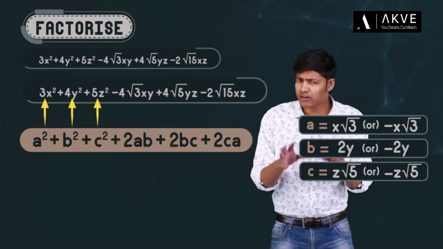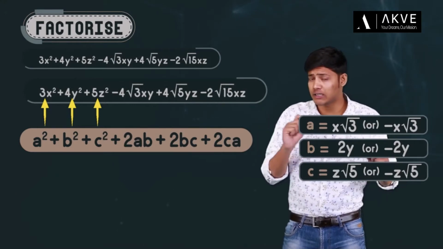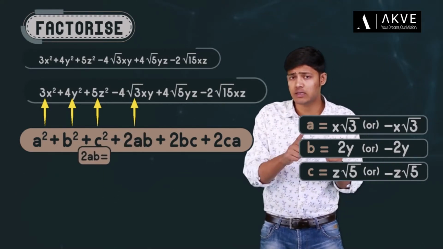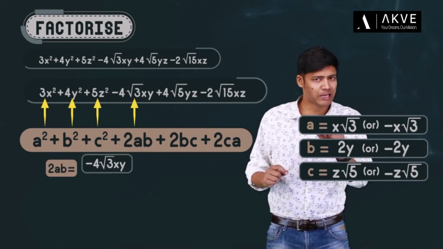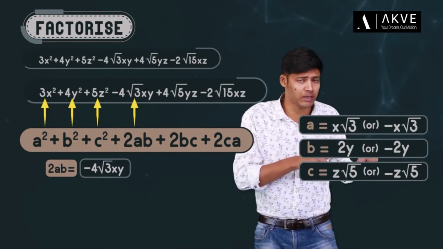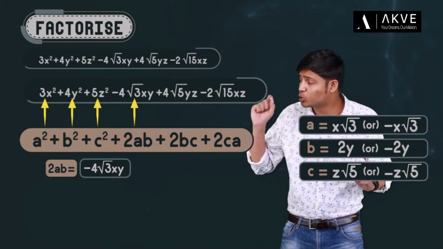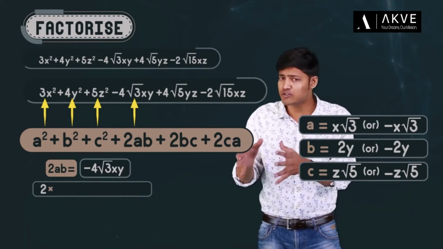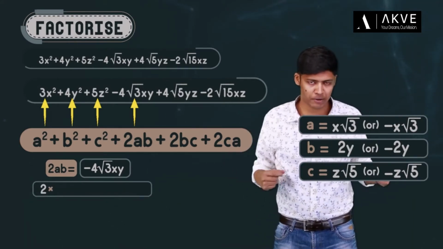In our expression, the equivalent term of 2ab is minus 4 root 3 multiplied by xy. So we have to choose the values of a and b in such a way that 2ab will be equal to minus 4 root 3 multiplied by xy.